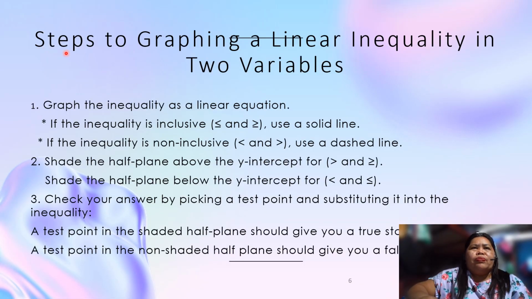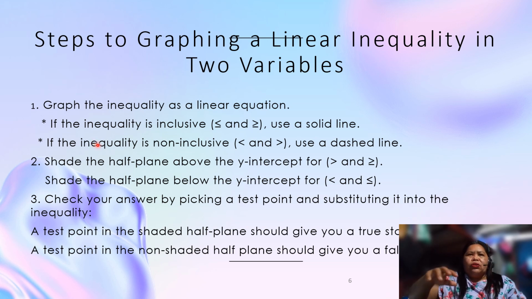Now here are the steps to graphing a linear inequality in two variables. Number one, graph the inequality as a linear equation. Whatever we do with a linear equation in two variables, we do the same here. If the inequality is inclusive, that is less than or equal to or greater than or equal to, use a solid line.